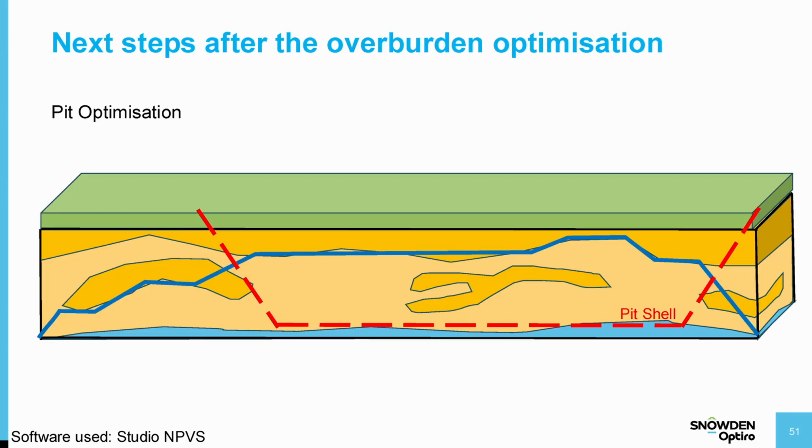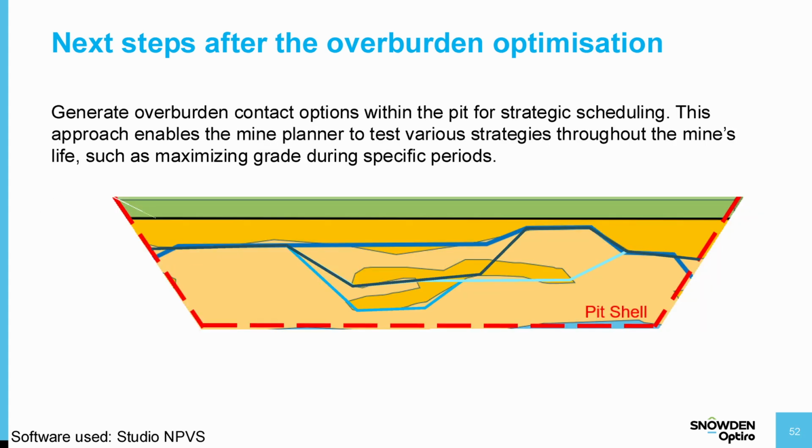So the next steps after the overbody optimization would be to run a proper pit optimization, considering that above the overbody contact is waste and below it is ore. Then we could create a series of overbody contact options to run the strategic scheduling inside the final pit.